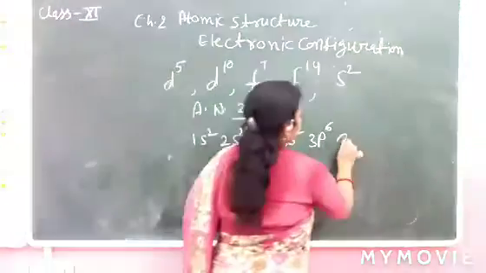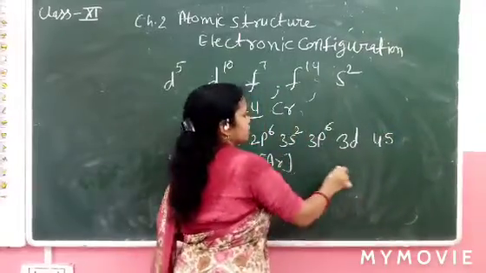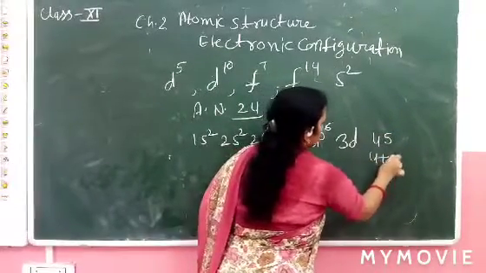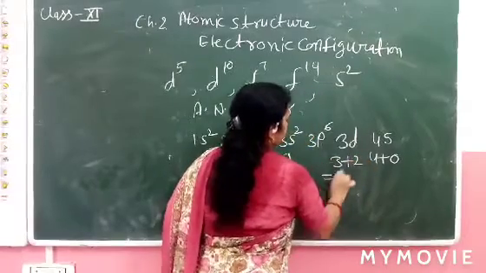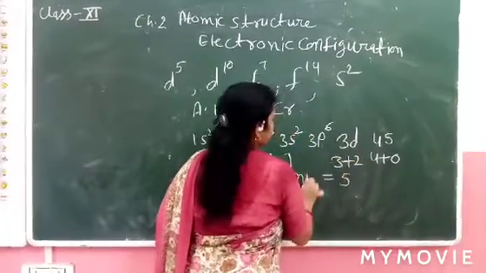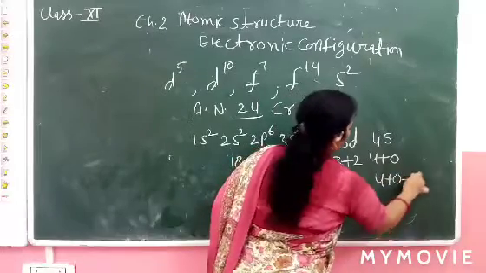Now electrons are filled in 3d and 4s. Let's see. 4 plus 0 and 3 plus 2. 3 plus 2 equals 5, by the n plus l rule, and 4 plus 0 equals 4.